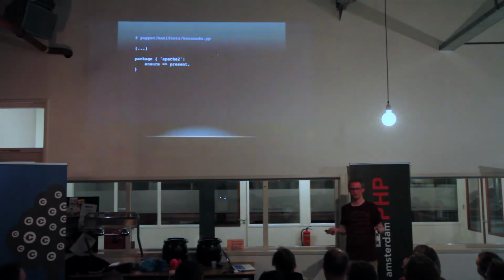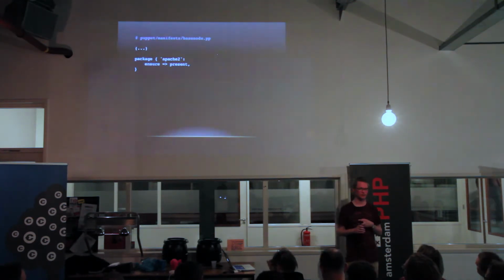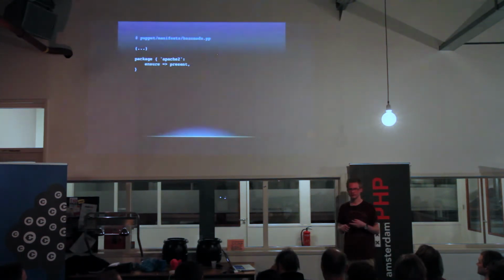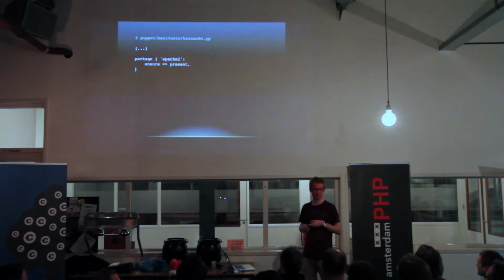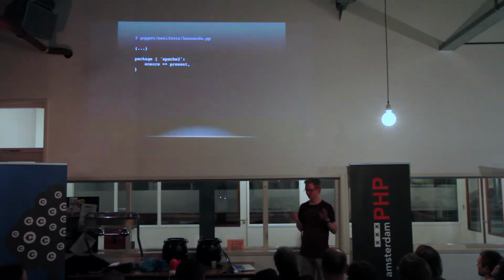Whatever package manager you're using on that system, so it may be Yum, or on Ubuntu or Debian systems Aptitude, or it does Windows as well. I don't know what it exactly does on Windows, but it does something.